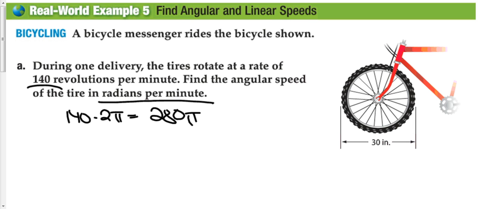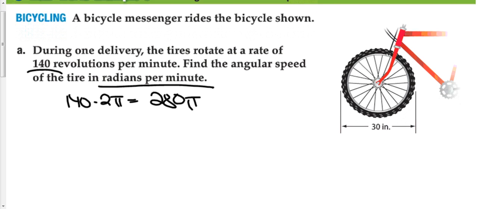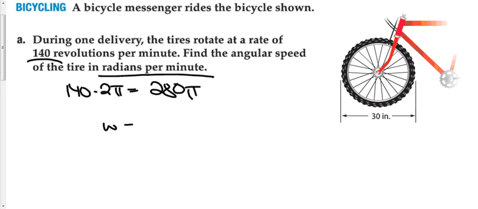280 pi. Okay, so now we can use my formula that omega is equal to theta over time. And now we have that this went 280 pi in 1 minute.